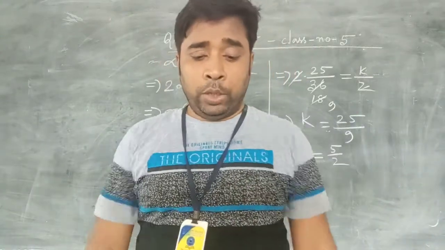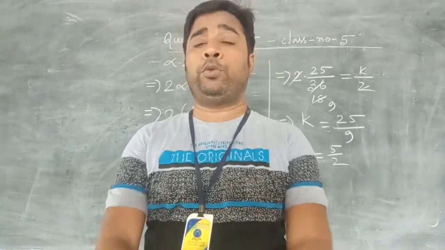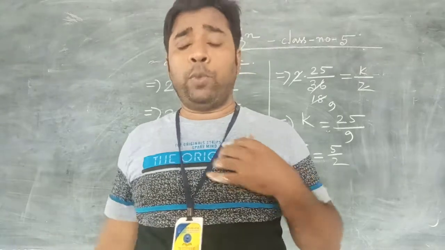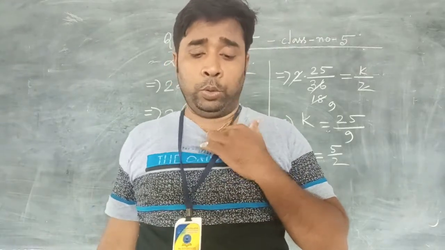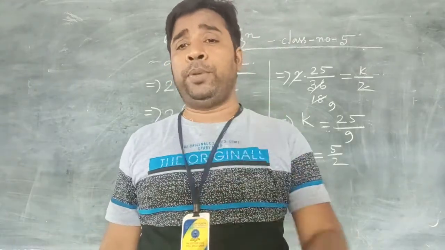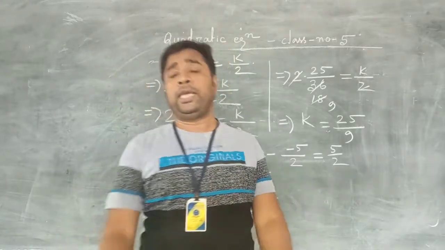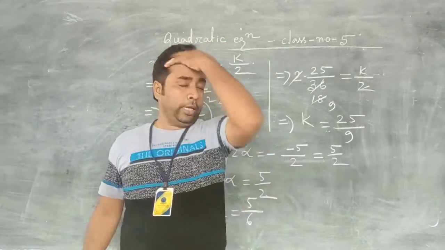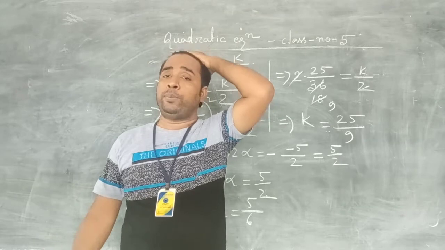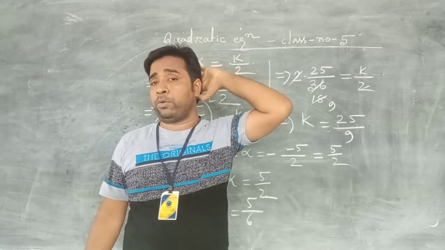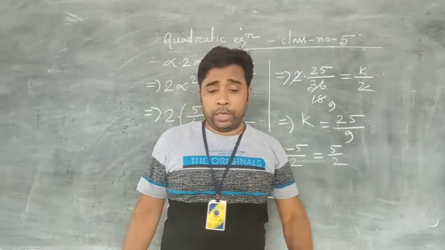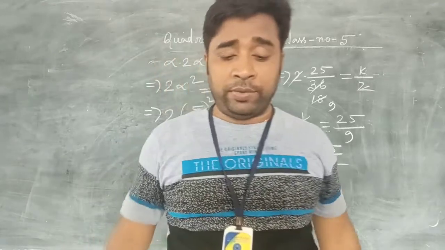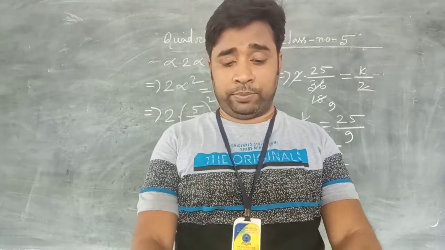Next you see question number 4.2. If we want to solve these questions, we have to know cross multiplication, which I have taught you in class 8 also. And I think in mathematics also you have learned the cross multiplication method. See question number 4.2, what is given? Here two equations are given.